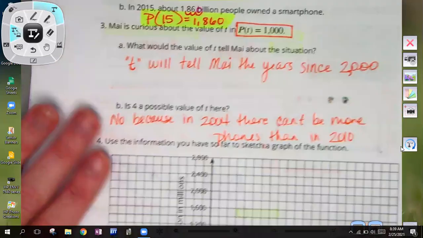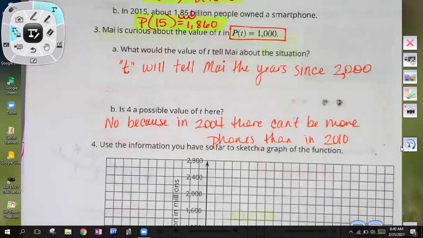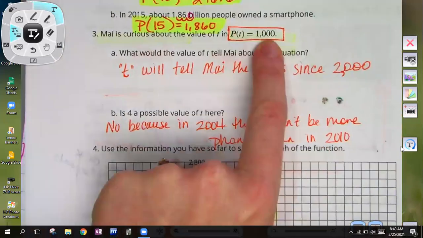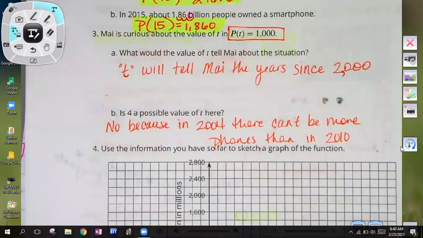Now, had the output been different, then yeah, maybe 4 could have possibly worked. But for that particular 1 billion phones, it just doesn't make sense in our timeline. And we're going to look at that here in a second when we graph it, and you'll see graphically why that doesn't make sense.